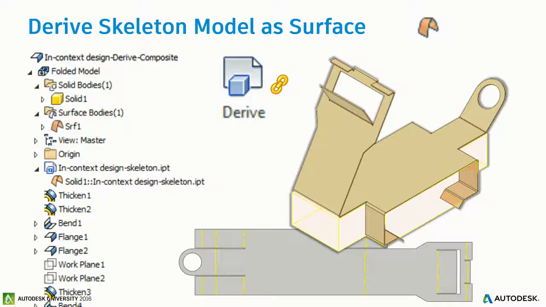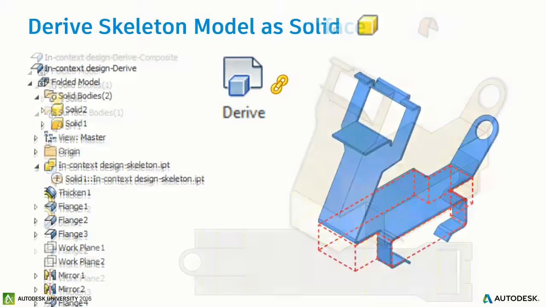For surface Derive, it doesn't need extra steps to do that. But the problem is that when you want to refer to the geometry information from the surface body, you also need to create some mediums to connect them. I will do a demo later after talking about the solids.